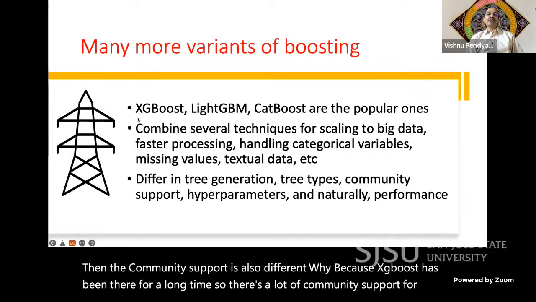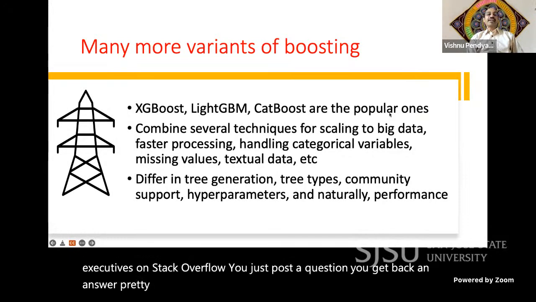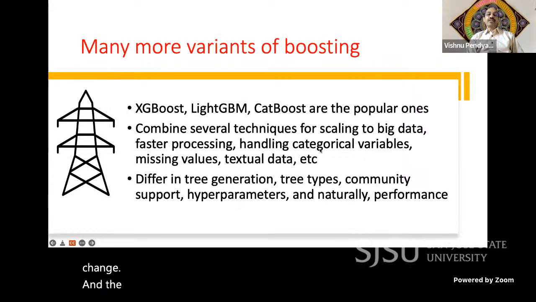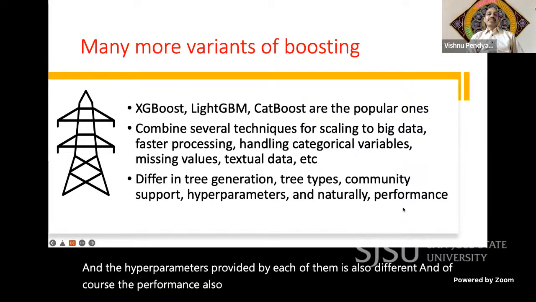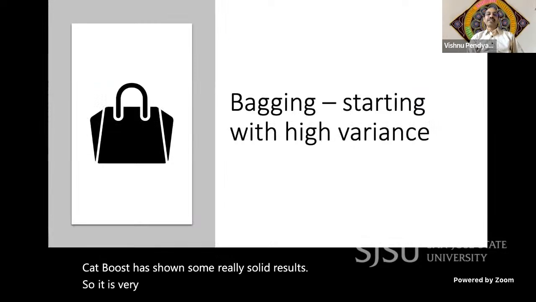On Stack Overflow, you just post a question, you get back an answer pretty quickly. Not for the other tools, at least as of now. Things might change. And the hyperparameters provided by each of them are also different. And of course, the performance also is different. CatBoost has shown some really solid results.